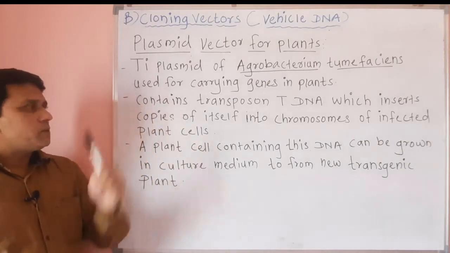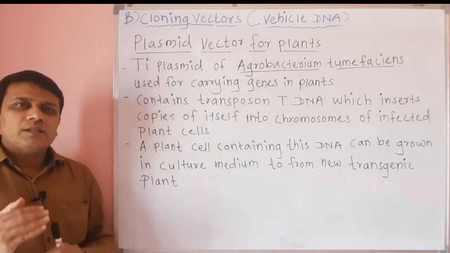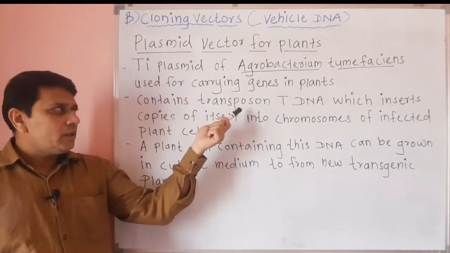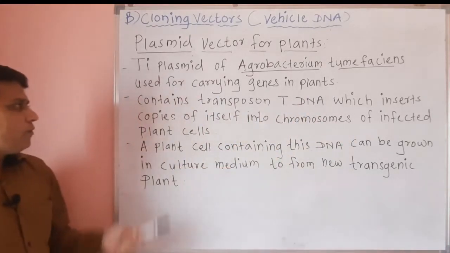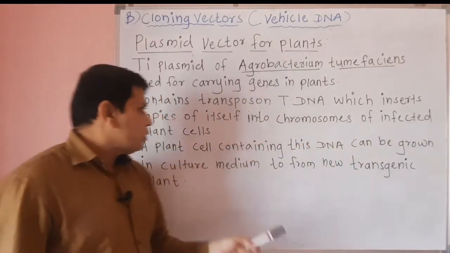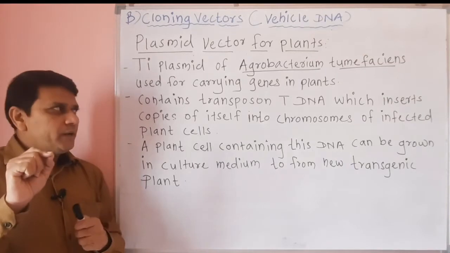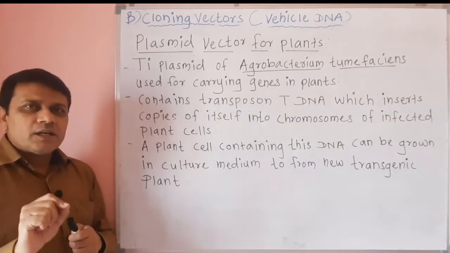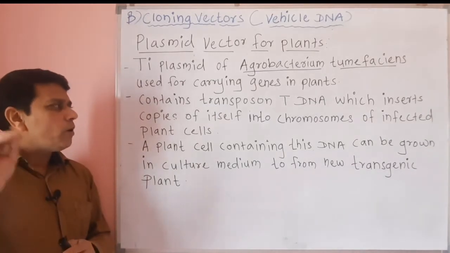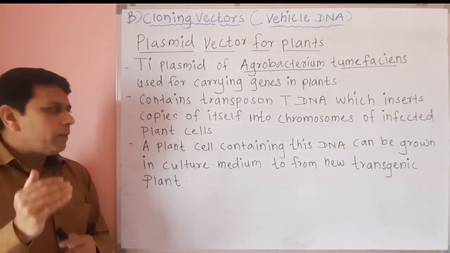So such Ti plasmid can be used as a vector for carrying genes in plants. This Ti plasmid contains the transposon, that is T-DNA, which inserts copies of itself into the chromosomes of the infected plant cell. So it is used as a vector in plant cells.